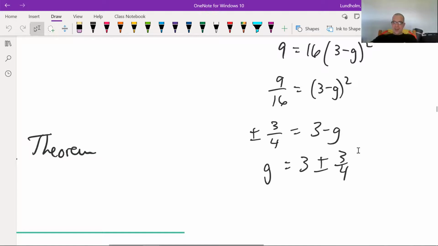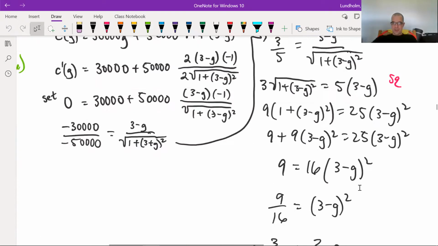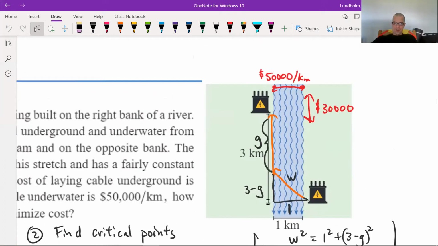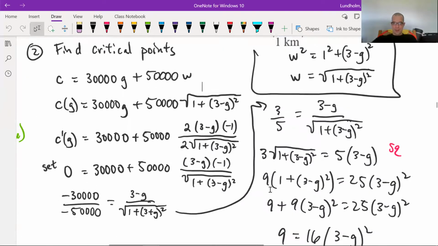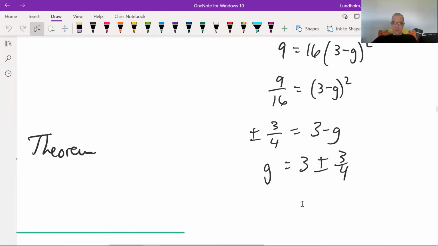Okay, so that means on the ground, we have 2 possible solutions. Well, one of them is going to be impossible because this is our ground length. And if we go 3 plus 3/4 kilometers here, that's going to be longer than 3 kilometers. So that one's just an extraneous solution.